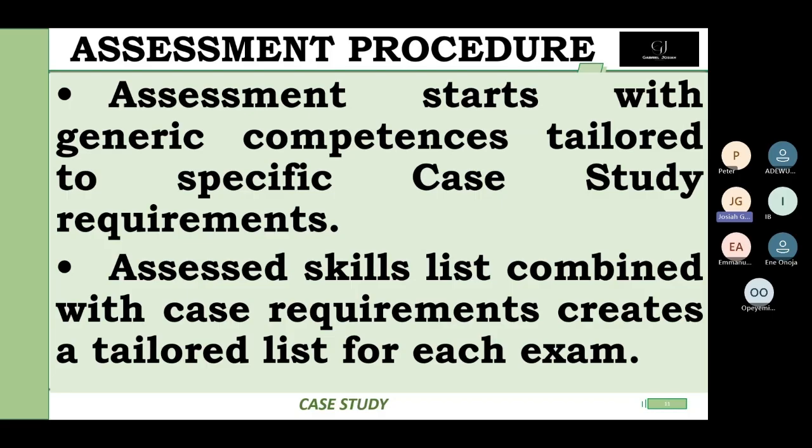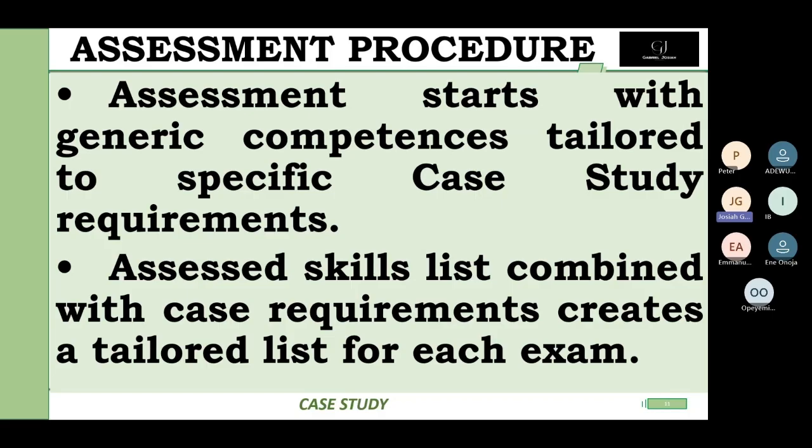So the competencies are tailored towards just 2 requirements. Take note of that. No matter the numbers, he could split the requirement into Roman numeral 1 to 6. There are always 2 requirements. Also, your assessed skills and the list of them are combined with case requirements, which creates a tailored list for every case study exam.